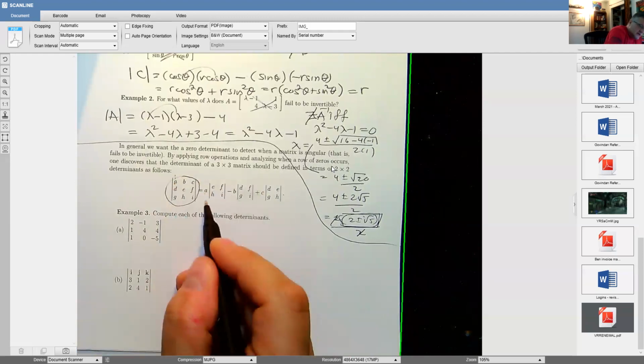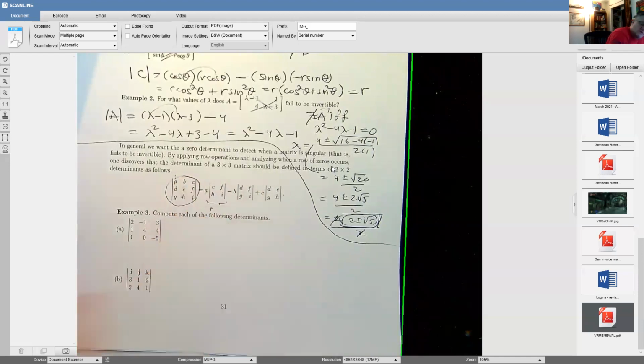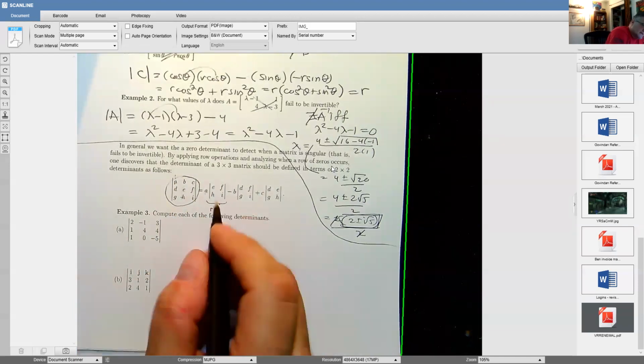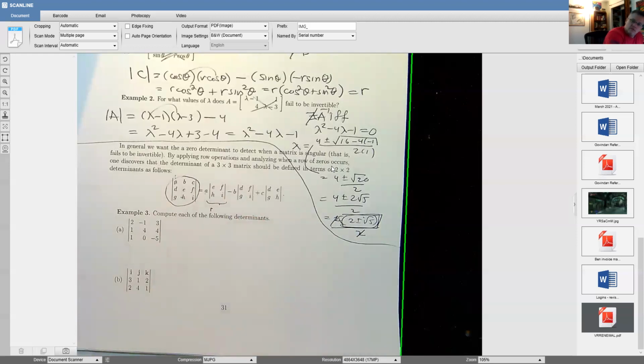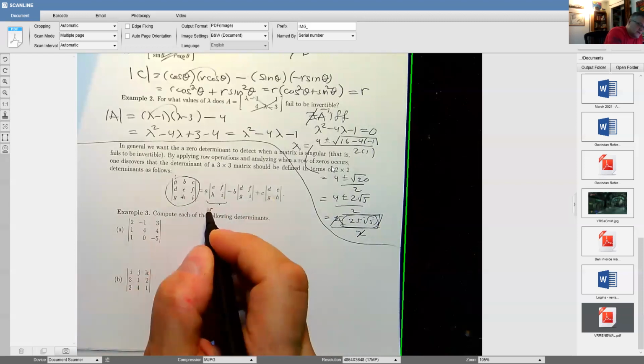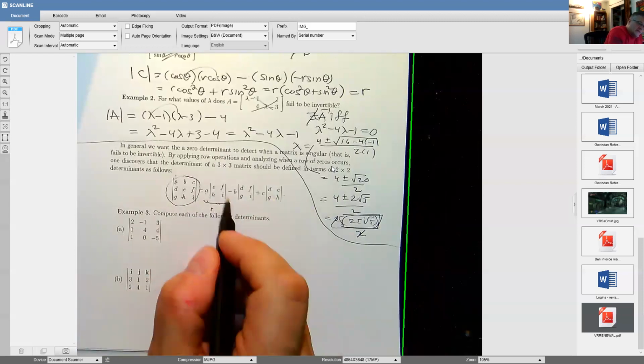Okay, so this here is called a minor matrix, right? So the minor matrices are the ones that are smaller in dimension. So you're breaking this down into a bunch of small matrices times constants, and then you have that computation. And then I have a minus here.